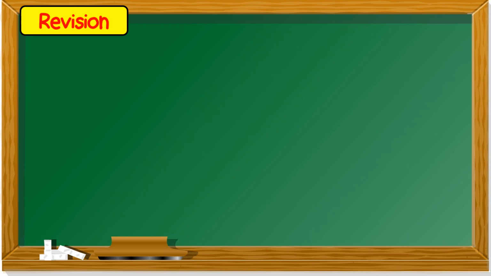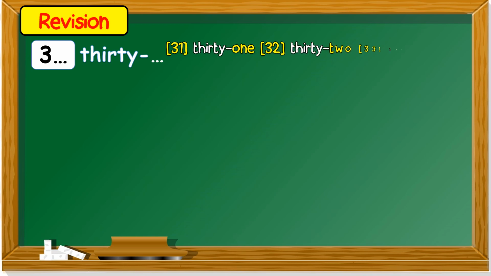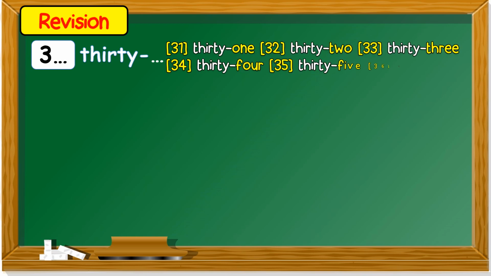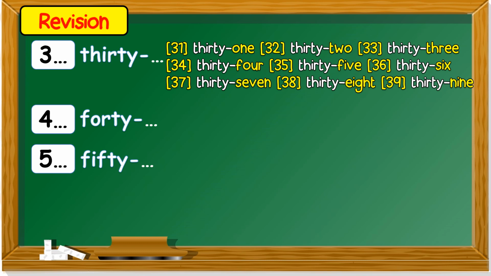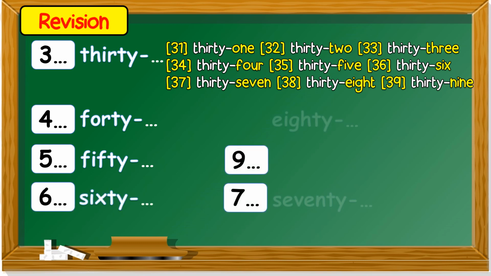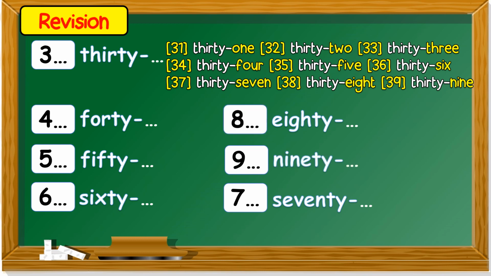Okay, from 31 onwards until 99, you follow the same pattern, corak yang sama dengan 20 lebih, 20 plus. For example, 31, 32, 33, 41, 42, 43, 44, 45, 50, 60, 70, 80, and 90.